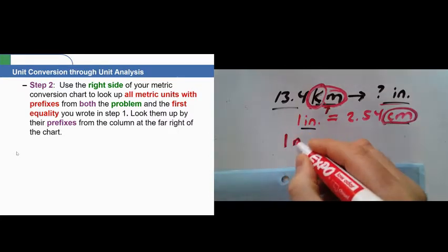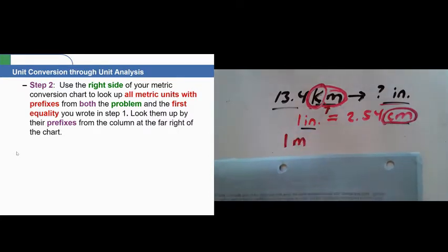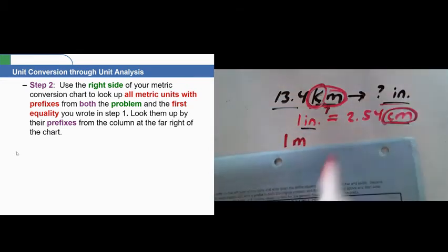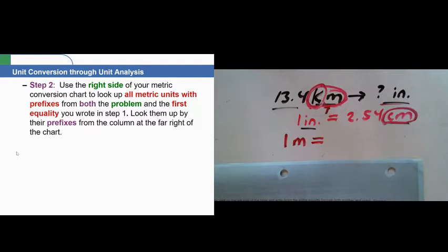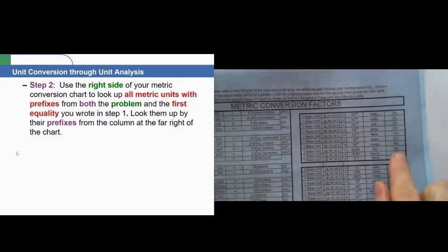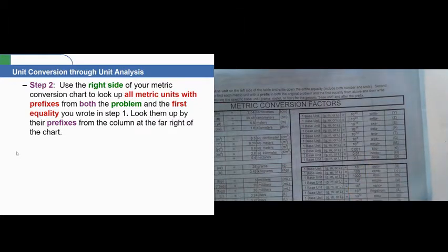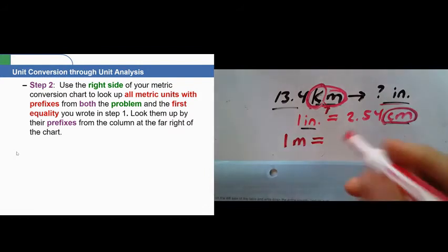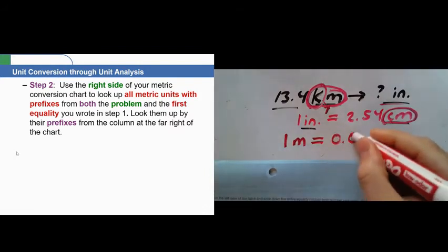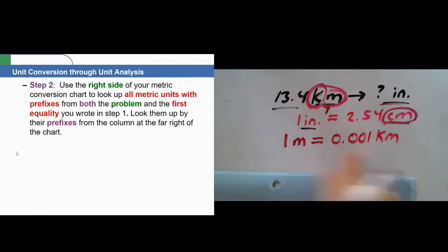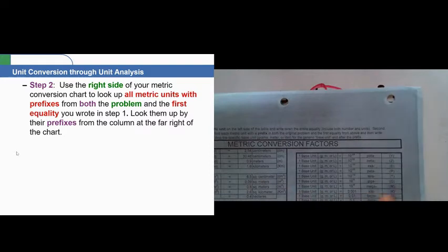So I write down 1 meter, all right, not grams or liters, but meters in this case, is equal to, and then it says here, 0.001 kilo dash. Well, that basically means that 1 meter is equal to 0.001 kilometers. All right. So that I got this line from here.